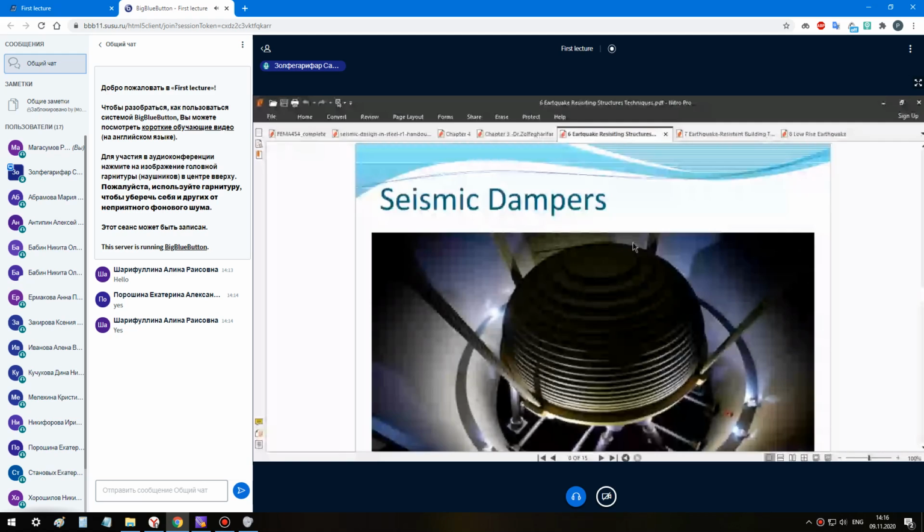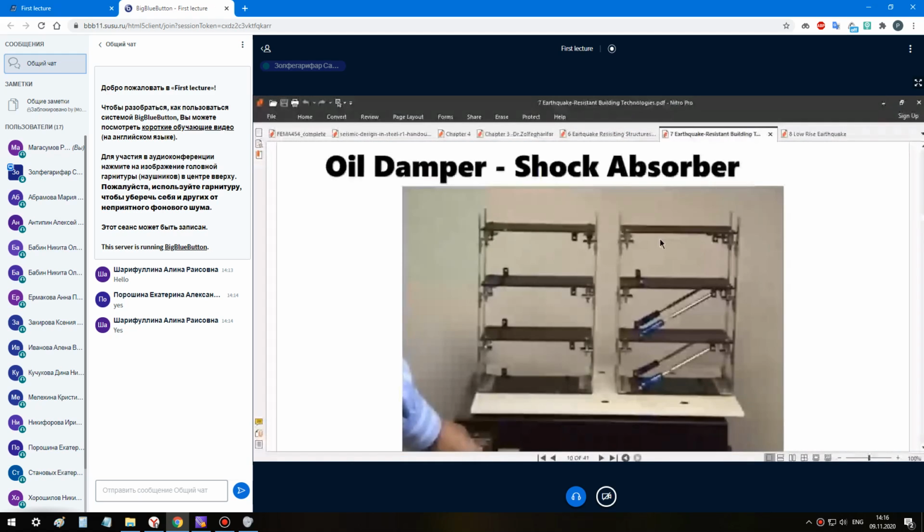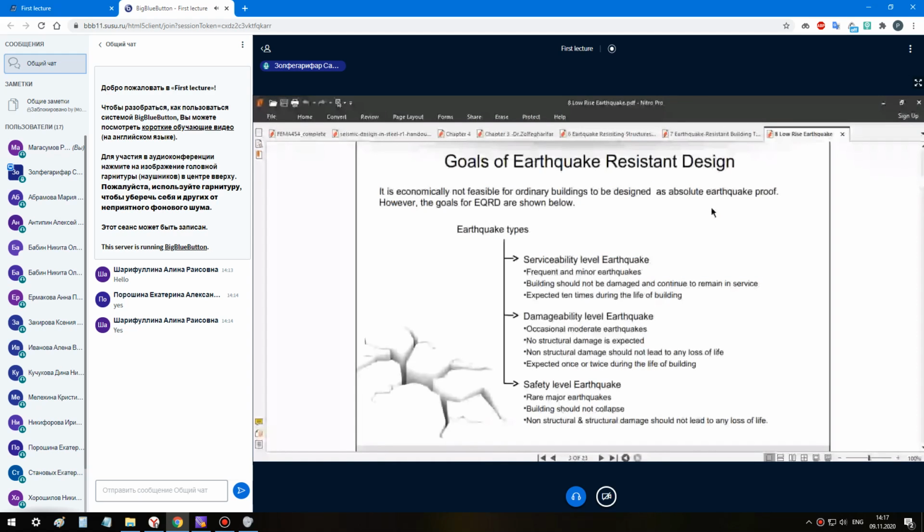Another thing I talked about in the last sessions was the goals of earthquake resistant design. I stated that it is economically not feasible for an ordinary building to be designed as absolutely earthquake proof.